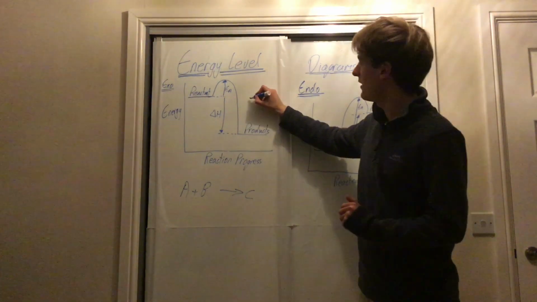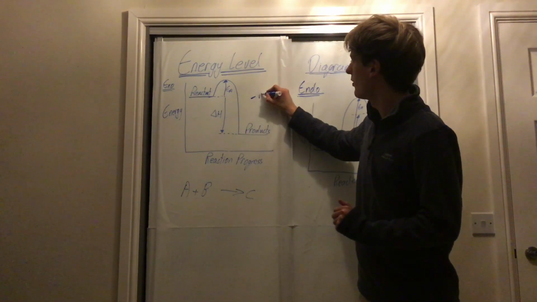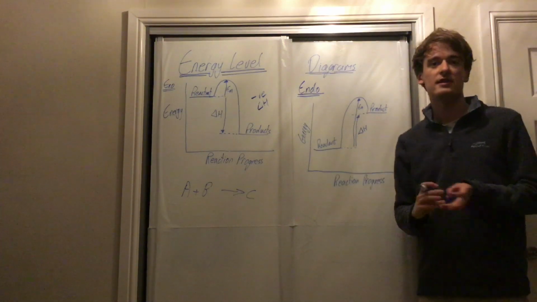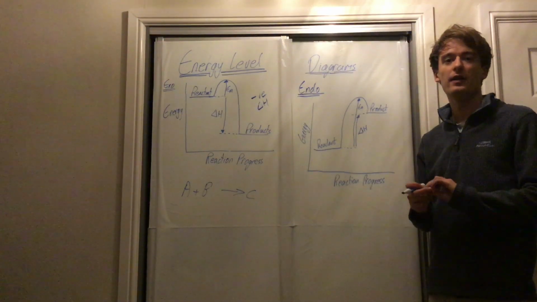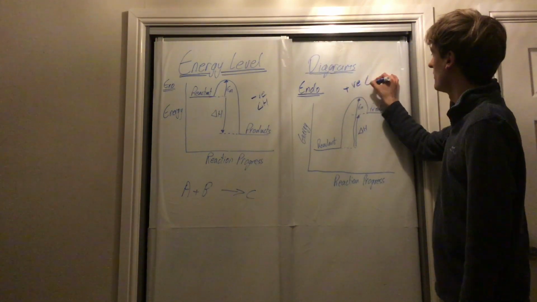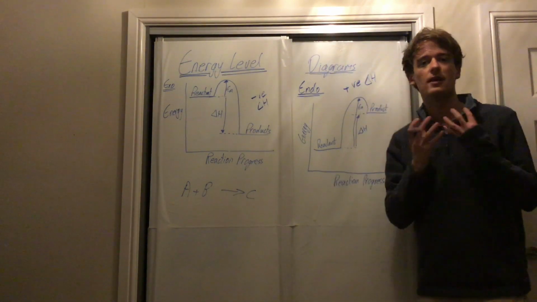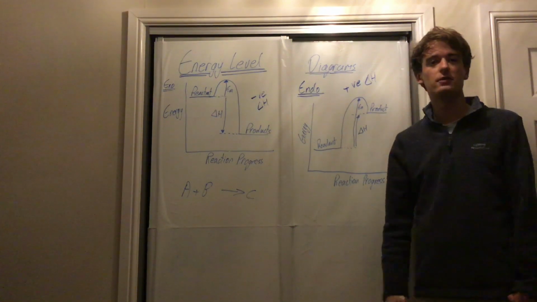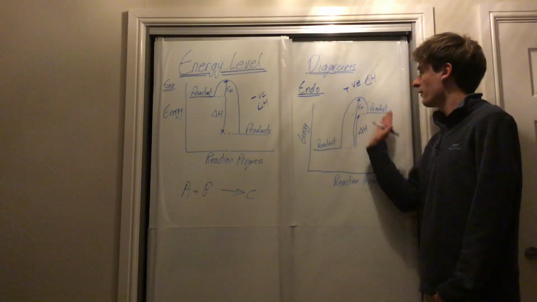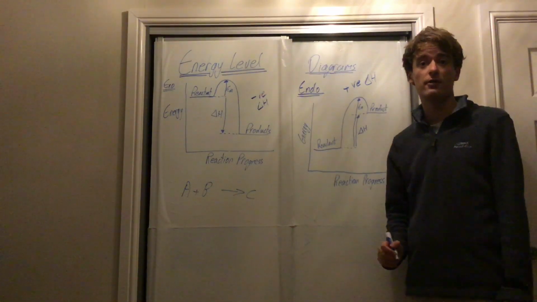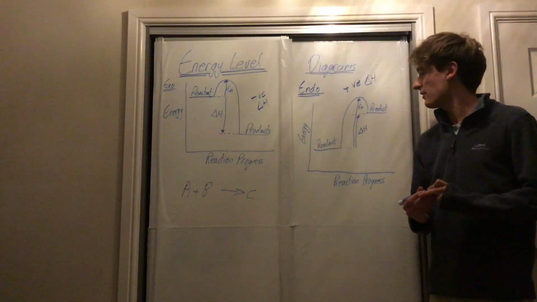Here we've got a negative delta H showing us it's exothermic, showing energy going out, that negative energy change. Here we've got a positive delta H, the energy is coming in. So that's all there is to talk about with energy level diagrams. There'll be a bit more in-depth explanation with this when we look at bond energy calculations. That's in the next video.